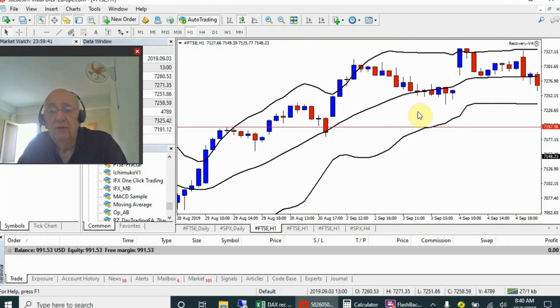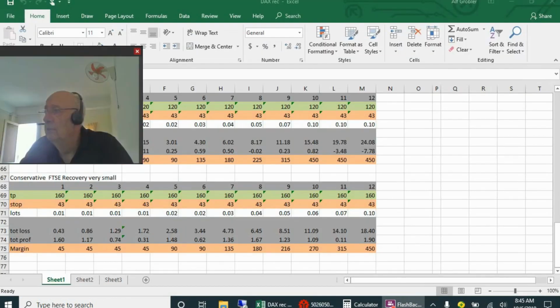Righto, we are on the recovery over here now, and remember the recovery is the channel trading. Once again, I'm going to pause the video and first run the back test and get back to you as soon as the test has been done. While we are waiting for the backtest to finish running, I just want to clarify something here.